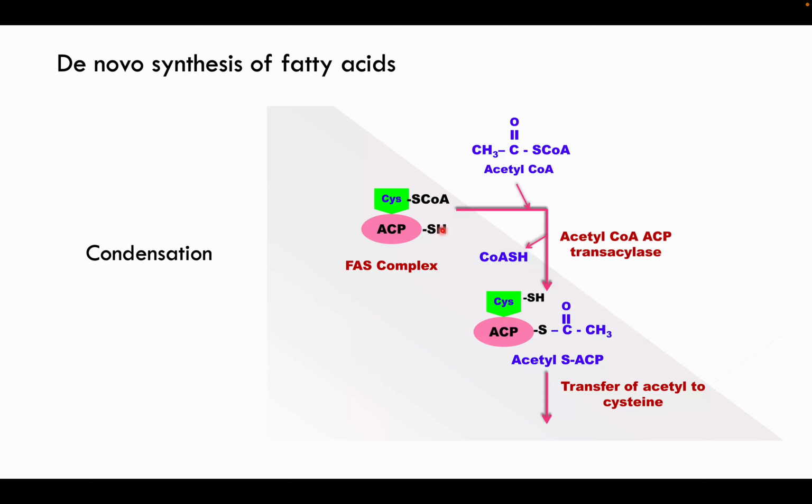So this hydrogen is released, and the coenzyme A from here and SH from here get released, and this group gets attached to this cysteine. So this is what we call transfer of the acetyl group to the cysteine here. You can see, right? To this complex we attach the acetyl group, and it forms acetyl S-ACP, acetyl acyl carrier protein. So this is an acyl carrier protein to which we attach the acetyl coenzyme A.